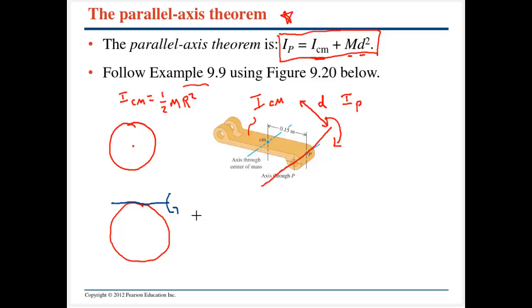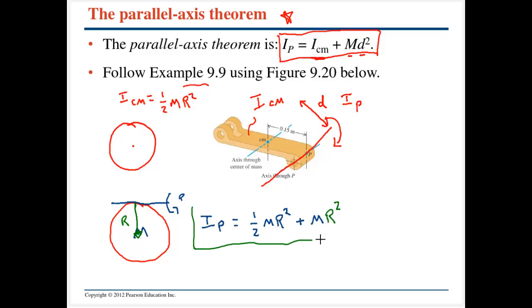The parallel axis theorem says my moment of inertia about this axis, which I'll call P for simplicity, is first the moment of inertia about the center of mass, 1/2 mass radius squared, plus the mass of the disk, m, times the distance between the axis P and the center of mass, which is also the radius, squared.